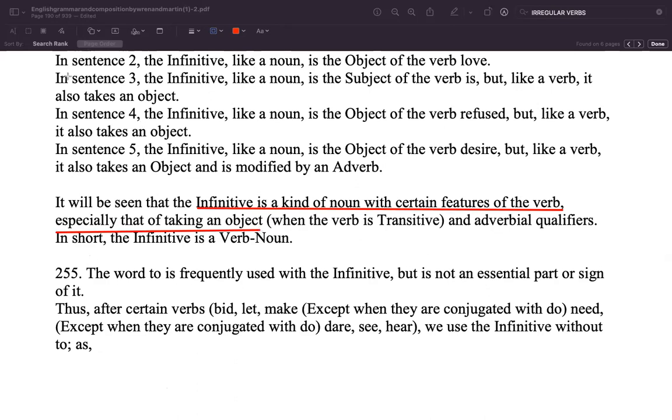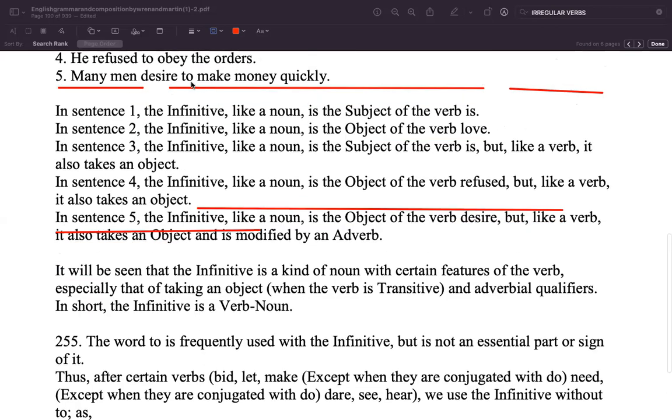Yeah. In sentence 3, the infinitive like a noun is the subject of the verb is. But like a verb, it also takes an object. Right. That is what is pointed out.